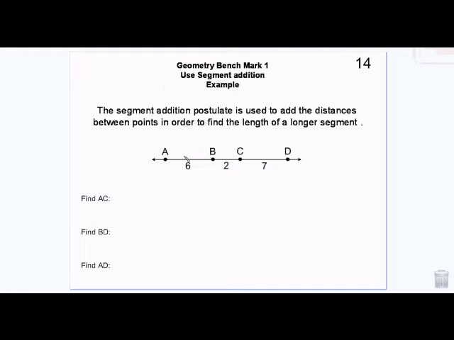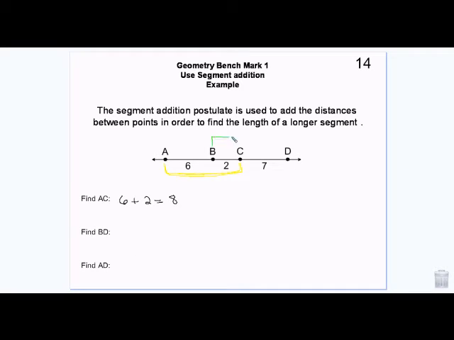Okay, so AC. AC is all of this right here, so that is 6 plus 2. You could just draw it and just this part; you don't have to write all the rest of it, only the part from the line down.